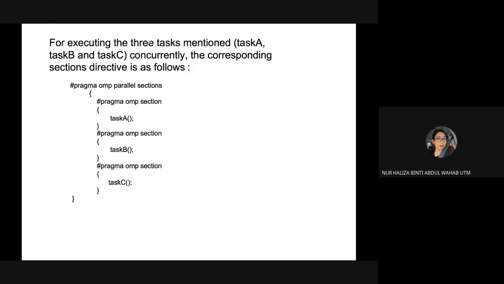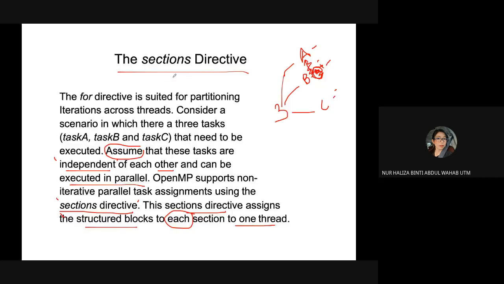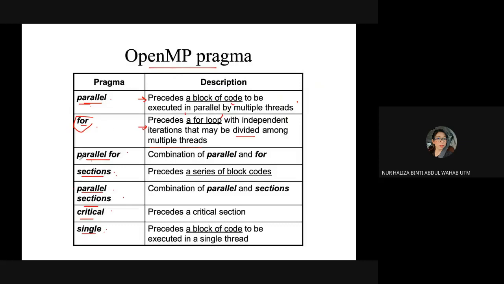For executing these three tasks A, B, and C concurrently, the corresponding section directive is as follows. You can see you are using parallel sections, because you're going to combine parallel and section together.